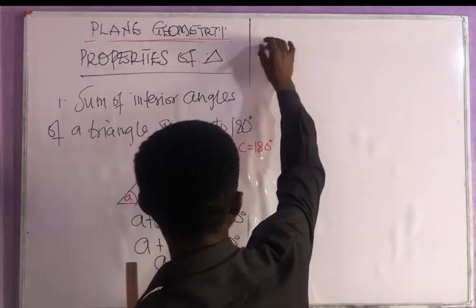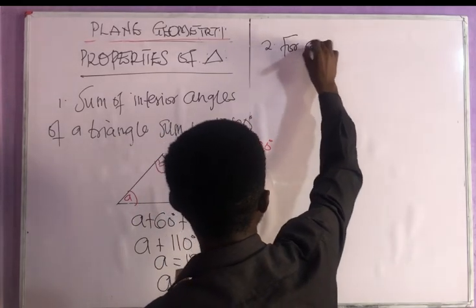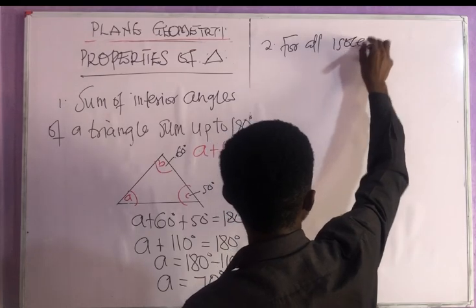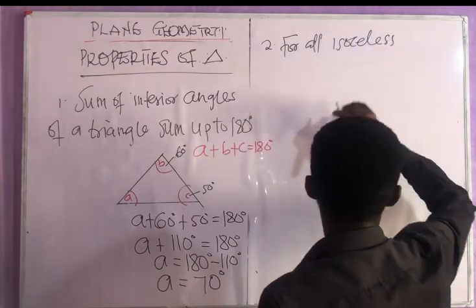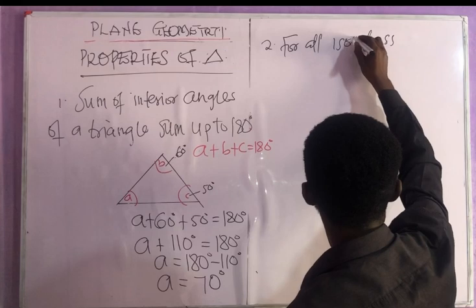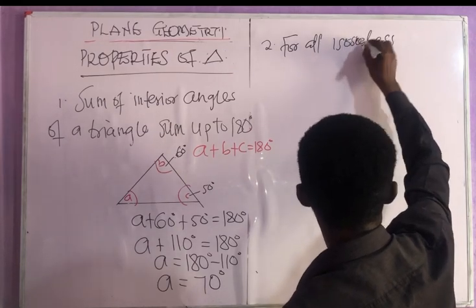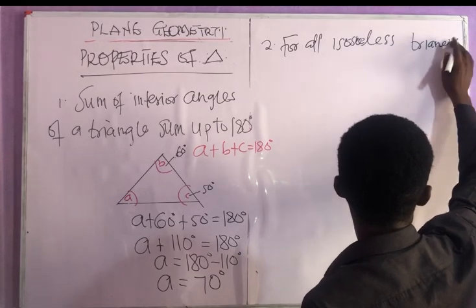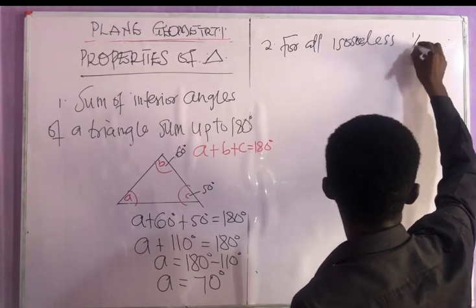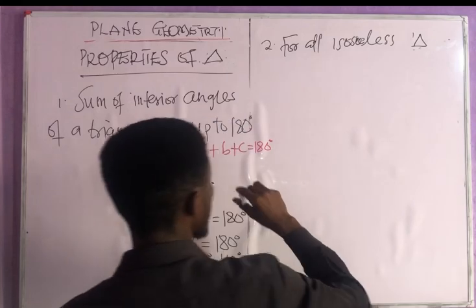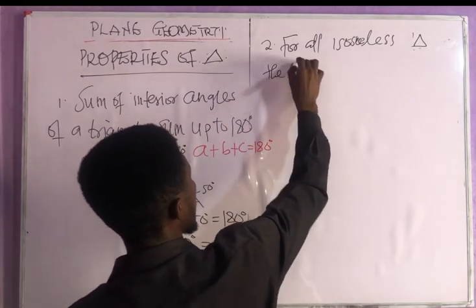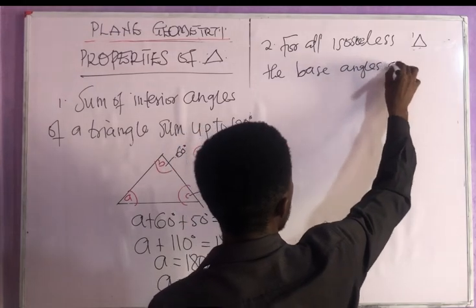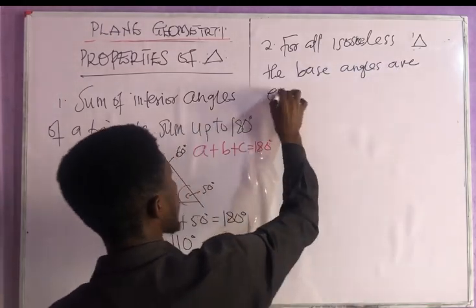I said that for all isosceles triangles, the base angles are equal.